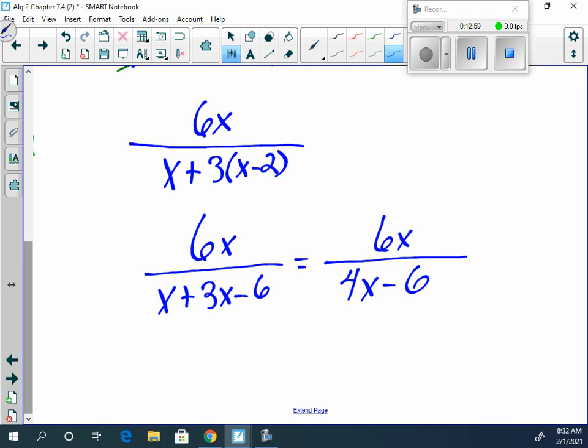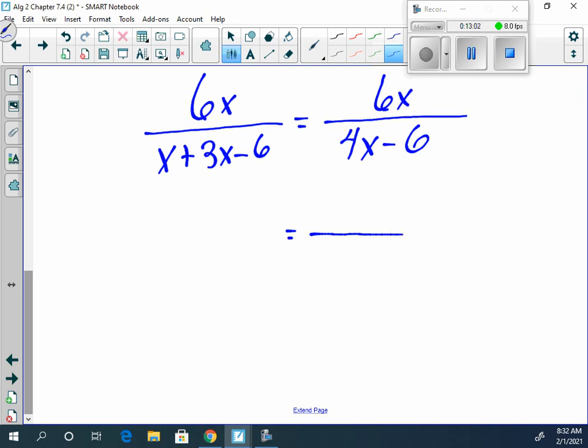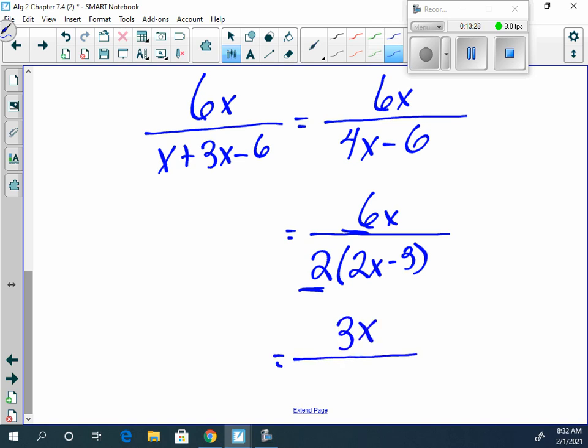So, yes, I agree, because I can see here that 4x minus 6 does have a greatest common factor of 2, so I can factor it out. It'll leave us with 2x minus 3. Well, hey, 6 and 2 have a greatest common factor of 2, so I'll leave us with 3x on top and 2x minus 3 on bottom, because this will become 1 and this would become 3.